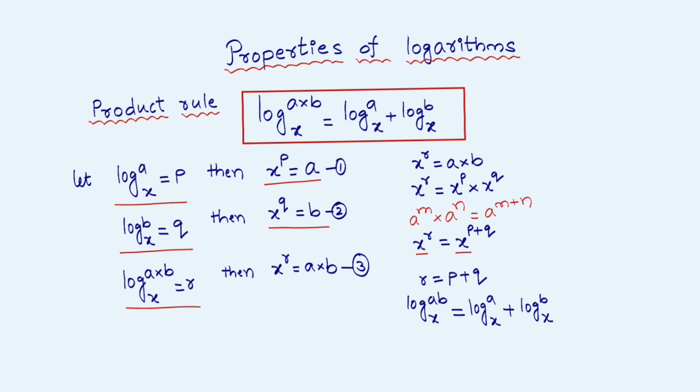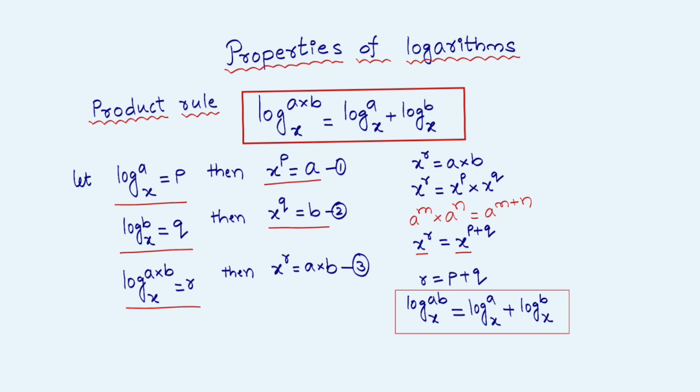So finally we got log of a into b to the base x is equal to log a to the base x plus log b to the base x. So whenever you have a product of two numbers like this, you can write it as the sum of two logarithmic terms. So this is called the product rule. Hope you understood the product rule in logarithms.